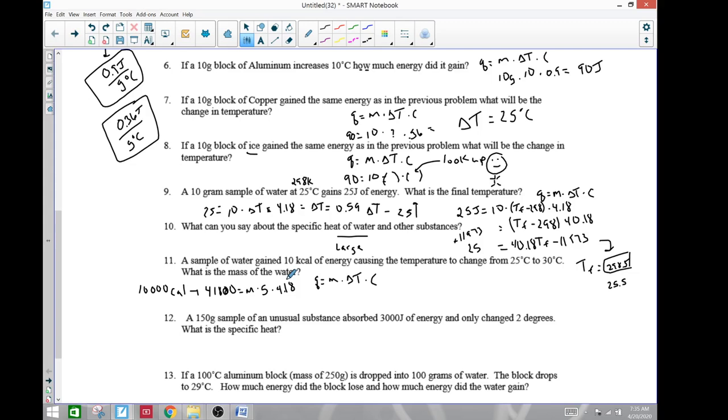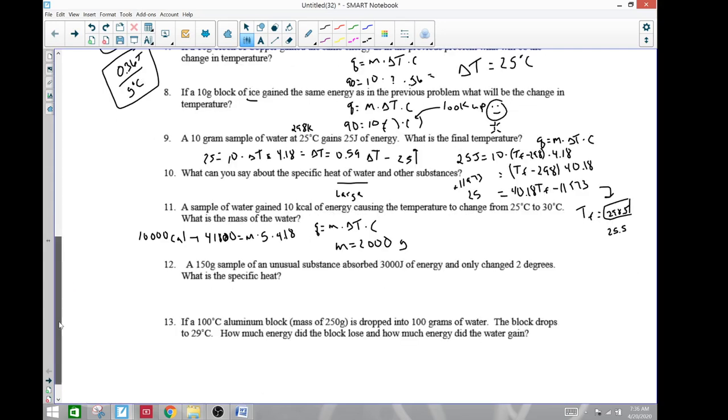So we have the original 10 times 1,000 equal 10,000 times 4.18 is 41,800, divided by 5 divided by 4.18 is 2,000. So at that point, the mass equals 2,000, and the unit would be in grams.